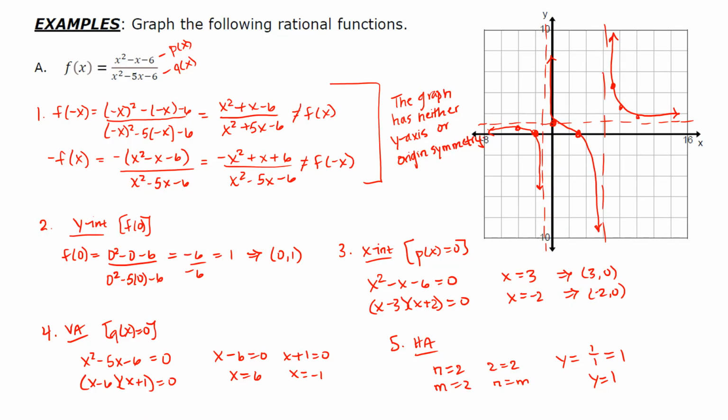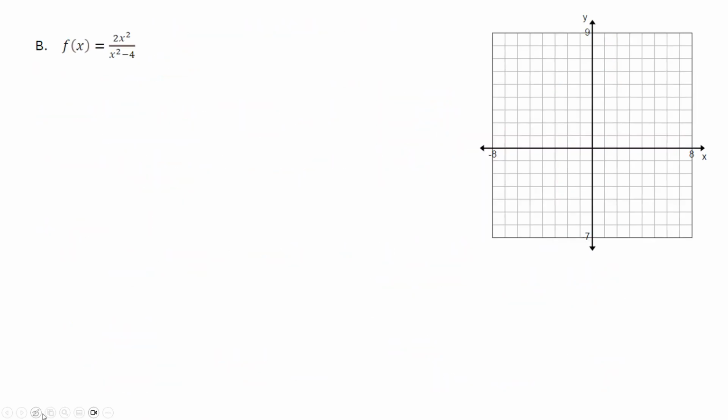All right, let's do another one. I'm going to change up the color. All right, so we have p of x and we have q of x. The first thing we're going to do is test for symmetry. So f of negative x is the first one. So 2 times negative x squared over negative x squared minus 4, which equals 2x squared over x squared minus 4.